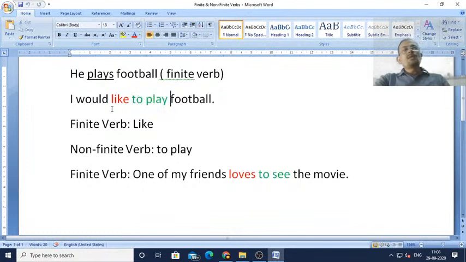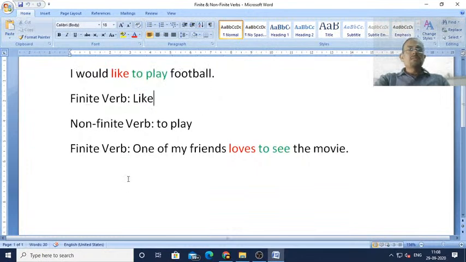Understood? So if there are two verbs in a sentence, the first verb is the finite verb and the second one is non-finite verb. And in non-finite also, dear students, there are three categories: participle, gerund and infinitive. So to play belongs to the infinitive category. So you understood, I hope, what is finite verb.